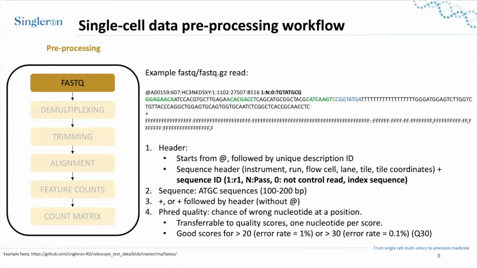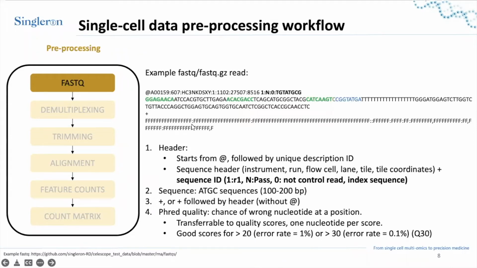So normally, if the score is 20, it means the error rate is 1%. If the score is 30, it means the error rate is 0.1%. So a lot of times we will see the Q30 quality metric reported for the sequences to indicate the quality of the Fastq reads.